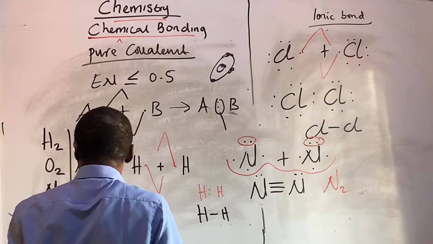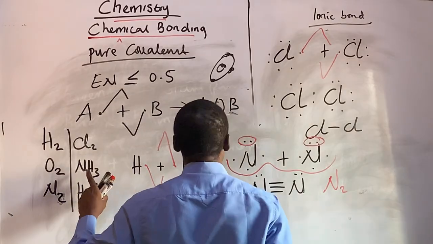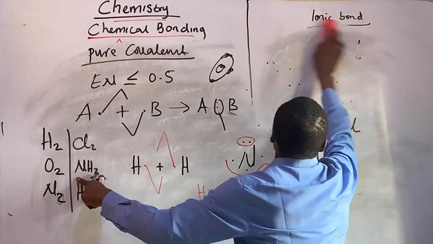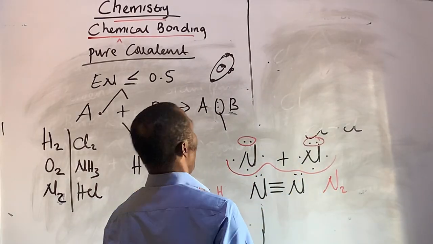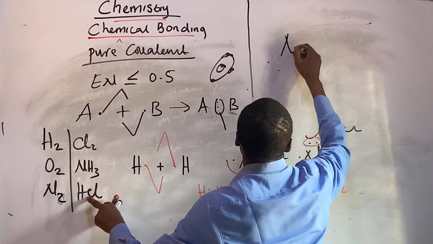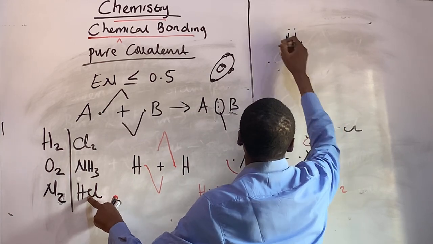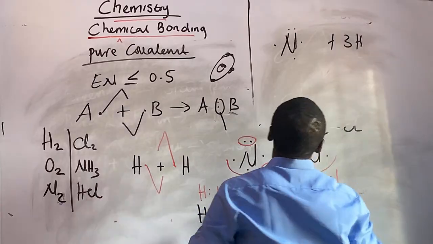All right. Now, let's do ammonia, and then we go to the coordinate covalent bond. So for ammonia, nitrogen is going to combine with 3 atoms of hydrogen.